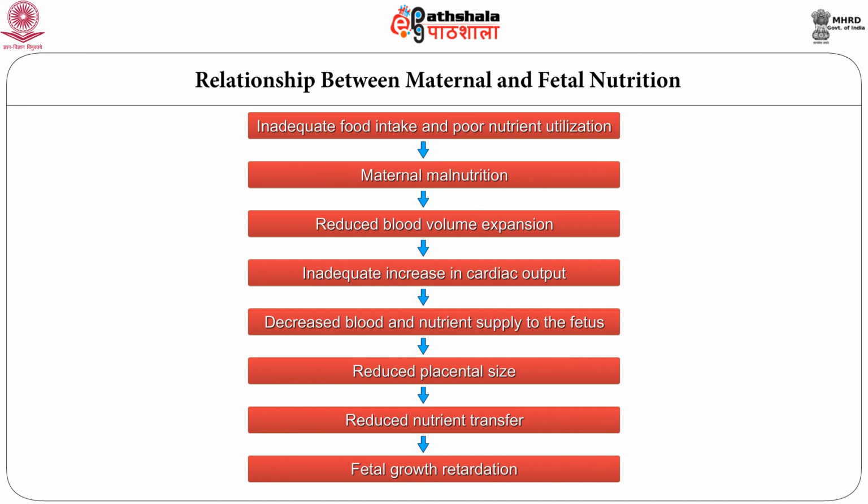Then next, it reduces the blood volume expansion, and further inadequate increase in cardiac output. Next, decreased blood and nutrient supply to the fetus, which in turn is reduced placental size, then reduced nutrient transfer, and finally the fetal growth retardation.